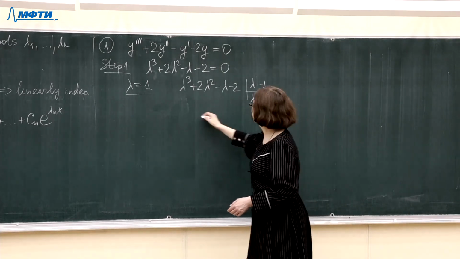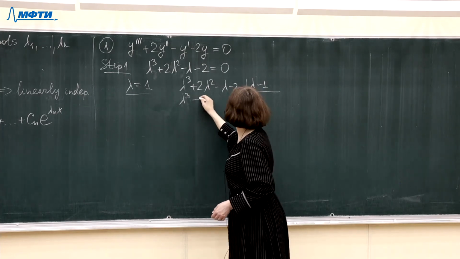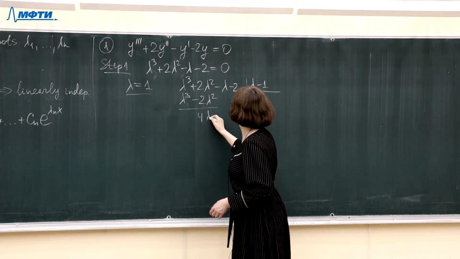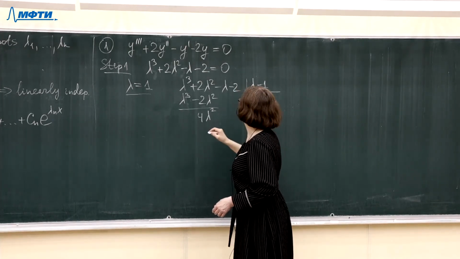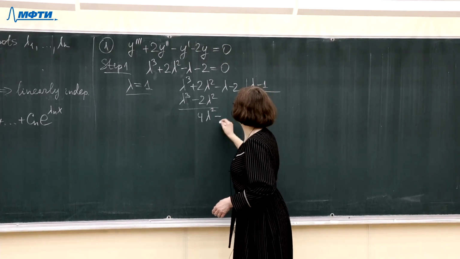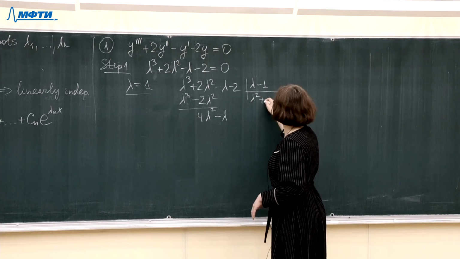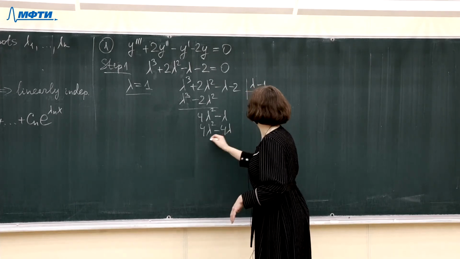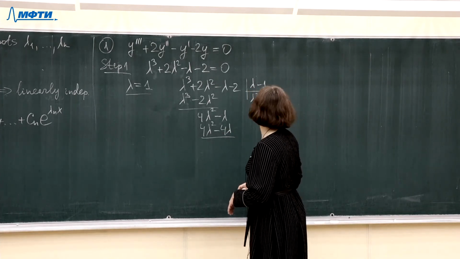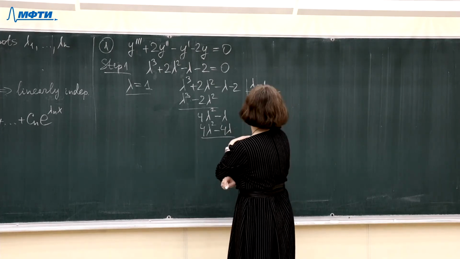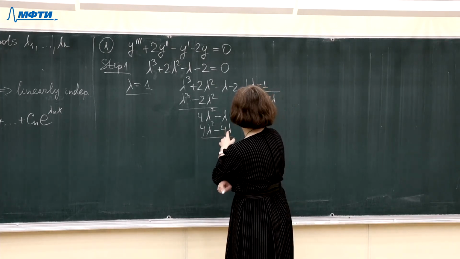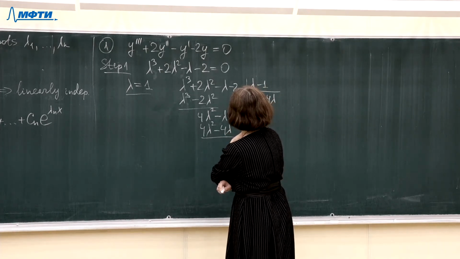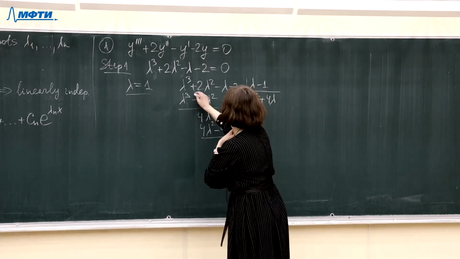Lambda cubed plus 2 lambda squared minus lambda minus 2, divided by lambda minus 1.